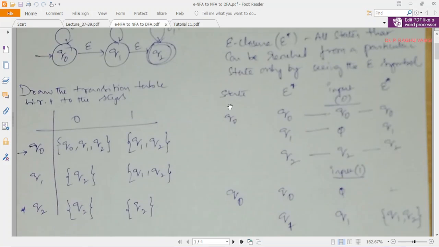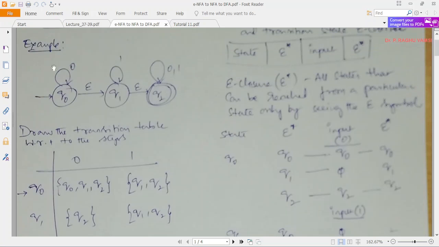Now, first we state the starting state. The starting state is Q0, and the epsilon closure of Q0 is Q0, Q1 and Q2. Now for each state in the epsilon closure, upon input 0, where does it go? Upon Q0, by giving the input 0, it again goes into the Q0 state.